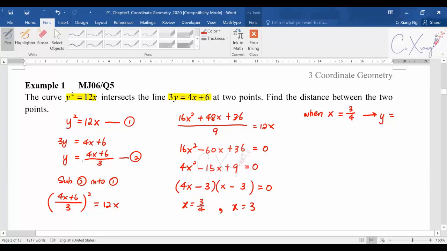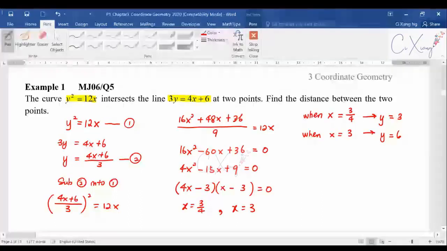For me, I'll suggest you substitute into the linear equation. When x equals 3 over 4, then your y should equal 3. And then when x equals 3, the value of y is 6. Okay, so substitute into the second equation.